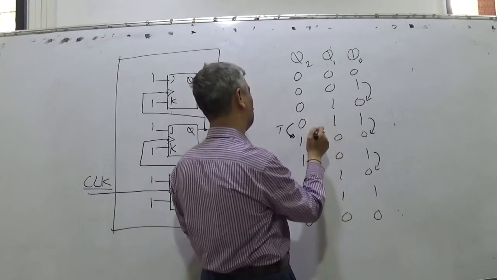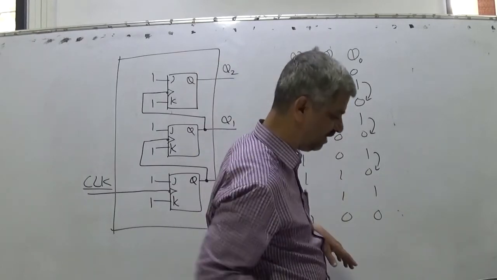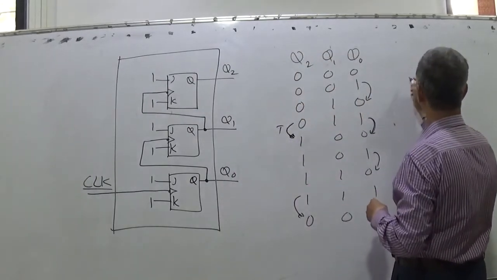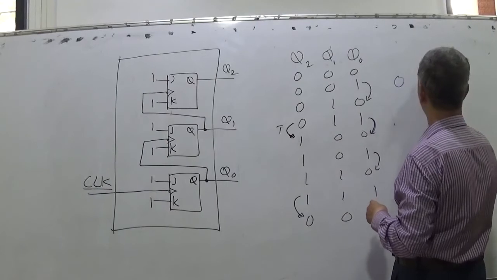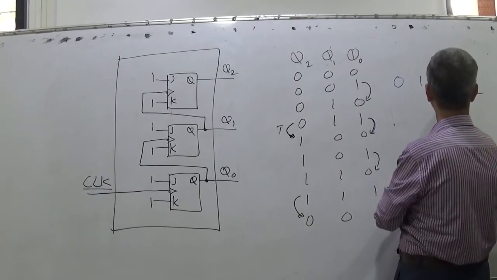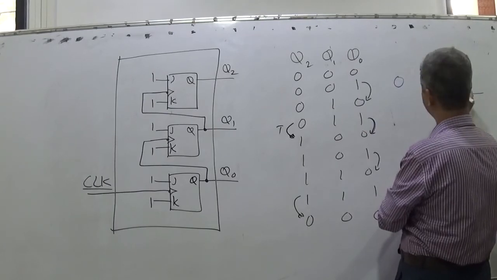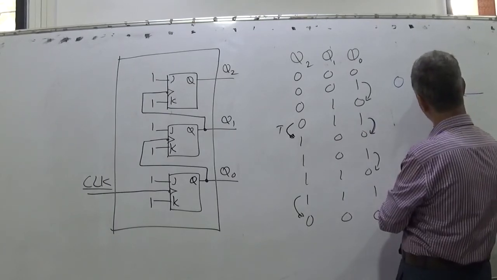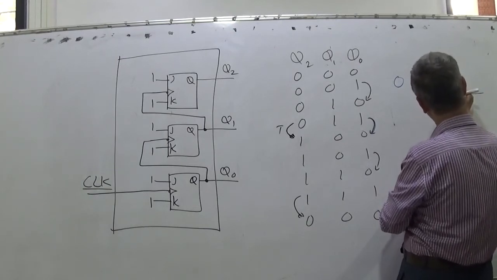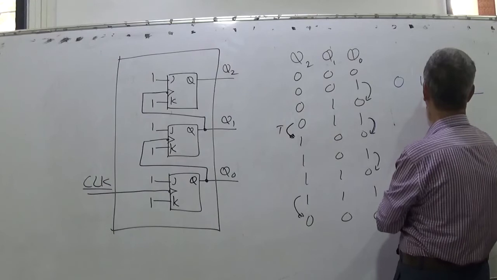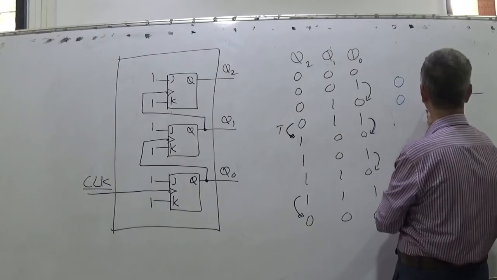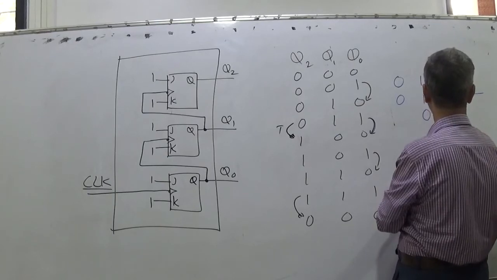So in an asynchronous counter, if you observe this change, the state was 0 1 1. Now the clock comes. When the clock comes, this becomes 0. When this becomes 0, this is expected to become 0. This will make this change, so there will be some time for which this continues, and then this will become 0.